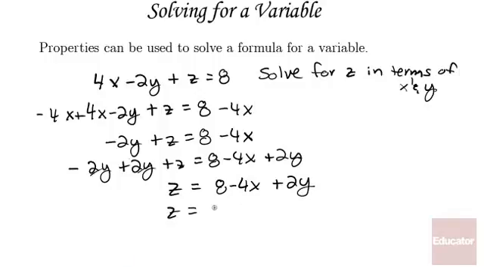And we usually write this so that the x's, then the y in alphabetical order, and then the constant. So z equals negative 4x plus 2y plus 8. This is solving for z in terms of x and y.